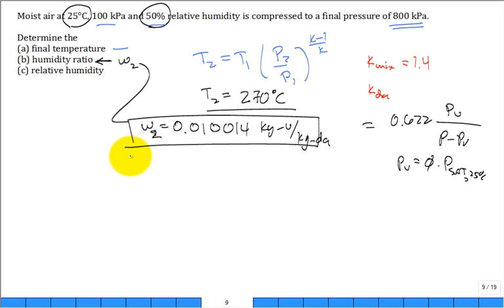How about for part C? What's the relative humidity right after? Well, Phi2 is equal to PV at 2 divided by Psat at this ridiculous 270 degrees C. But that's the actual temperature of the air.